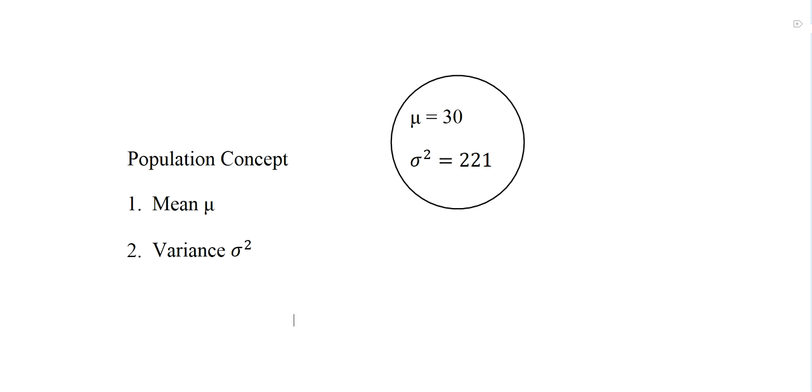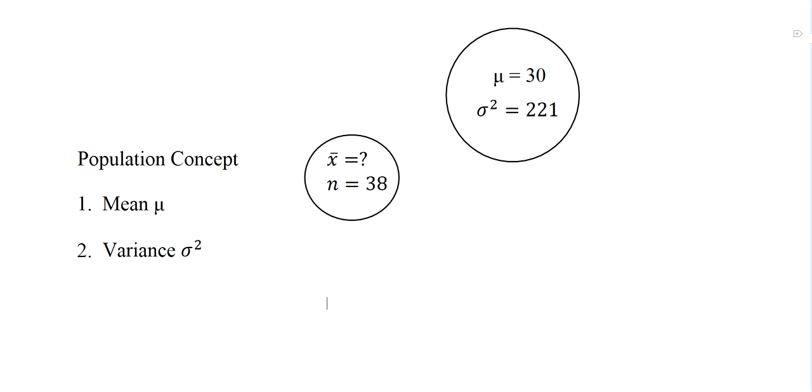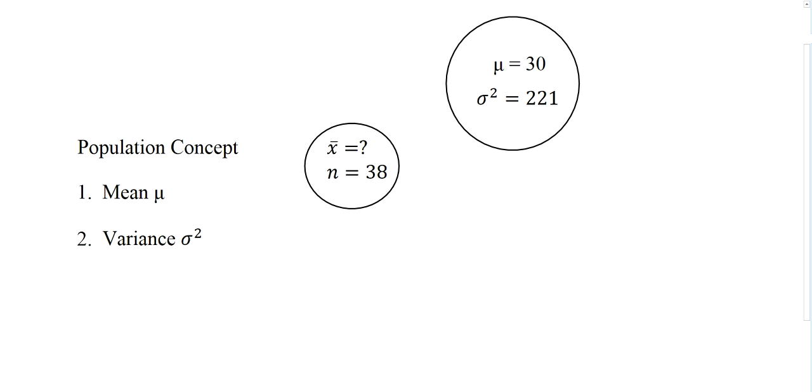Now, suppose that you have a population with mean 30 and variance 221. And you have drawn a sample of 38 units, and you can calculate the mean of that sample.